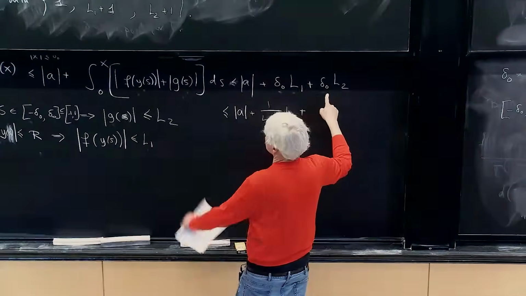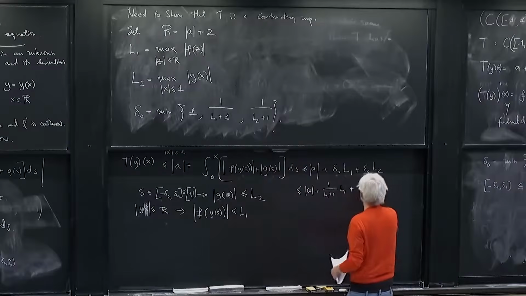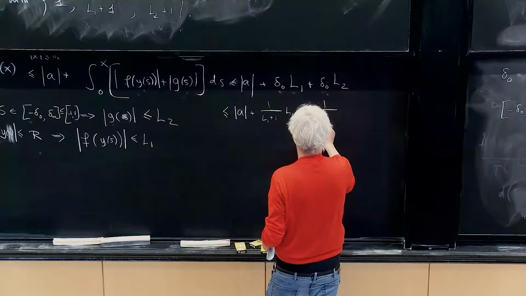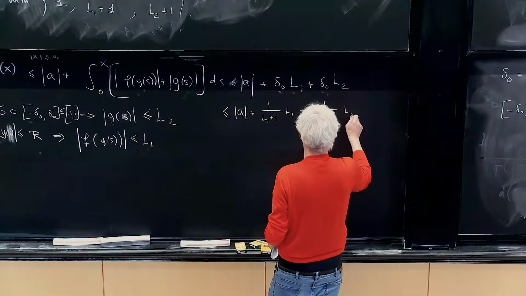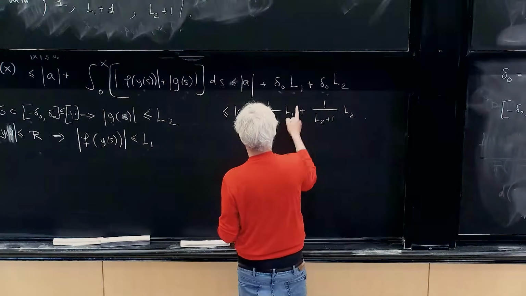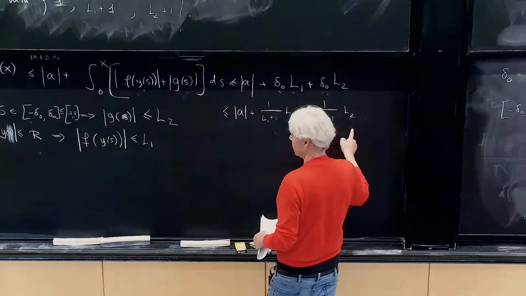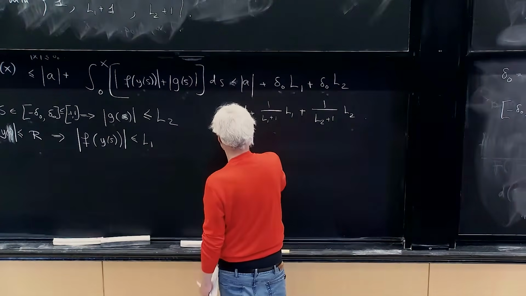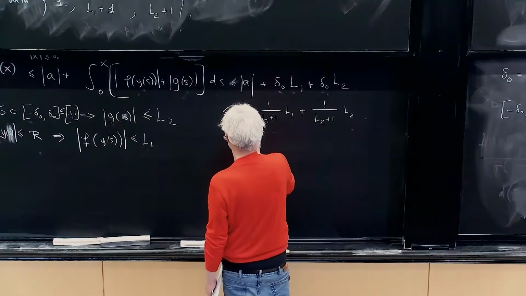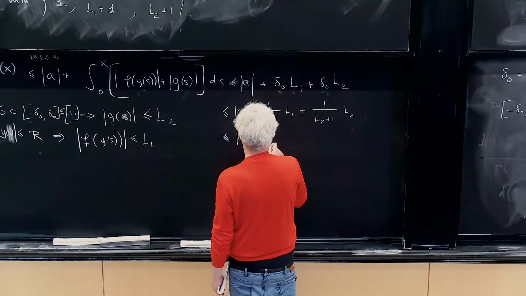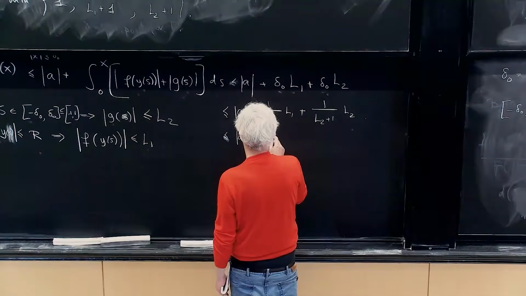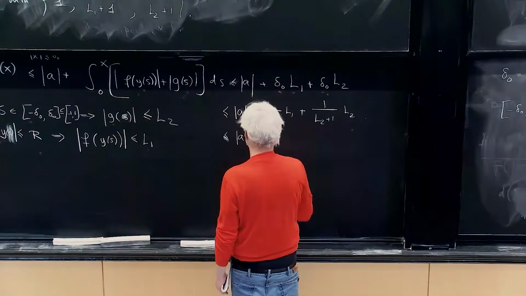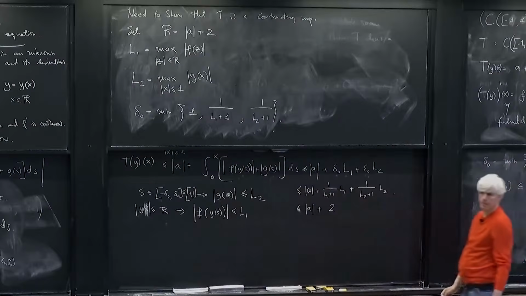Likewise, over here you're getting 1 over L2 plus 1 times L2. And now you see that each of these is less than 1. So this is less than |a| plus 2. It's actually strictly less, but it doesn't really matter.